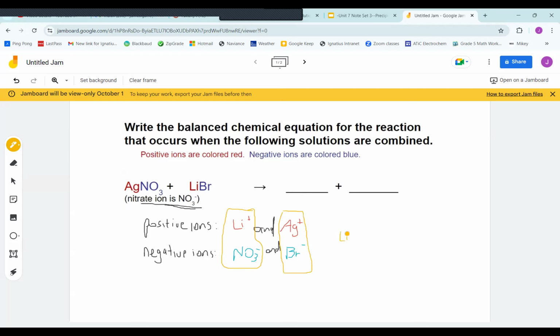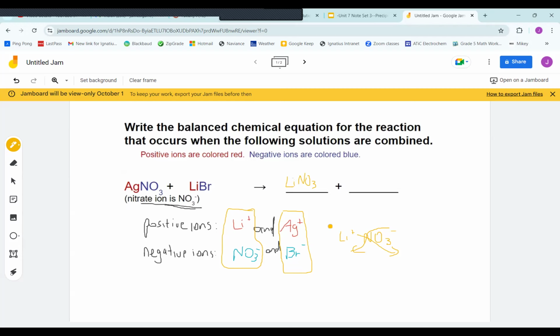If you combine Li and NO3, notice that their charges both have a magnitude of 1. So if you were to crisscross these charges, you would come up with the formula Li1 NO3. And if you had put parentheses around the NO3 and a 1 outside it, it would be fine.